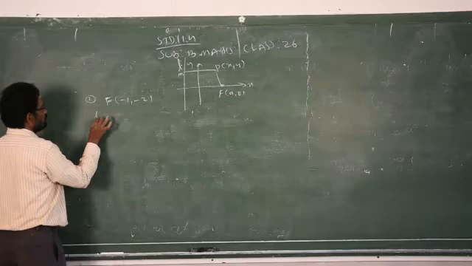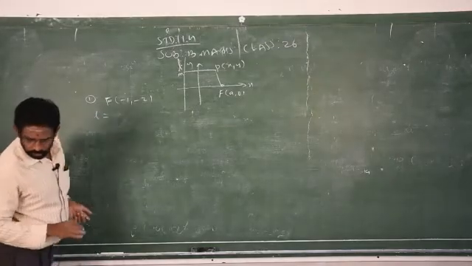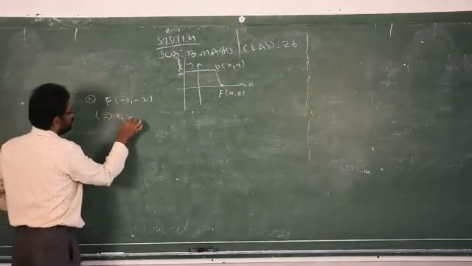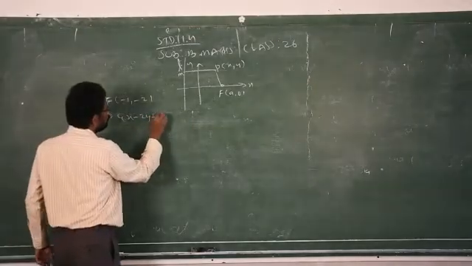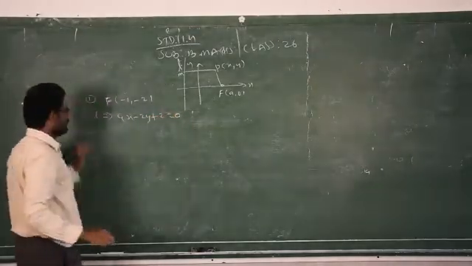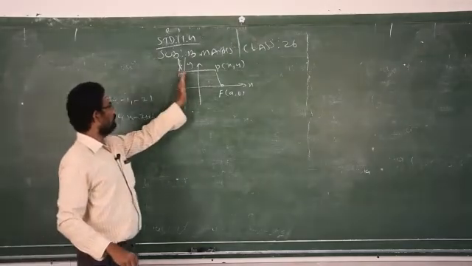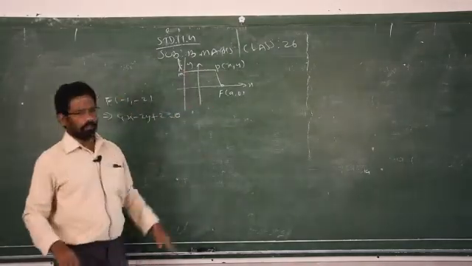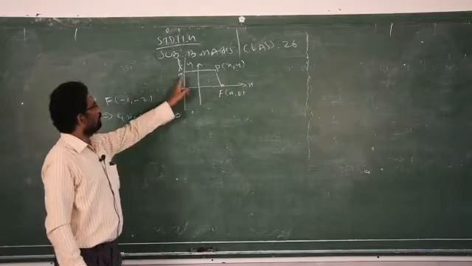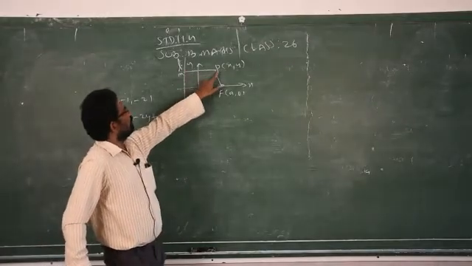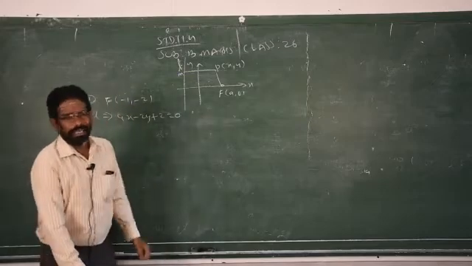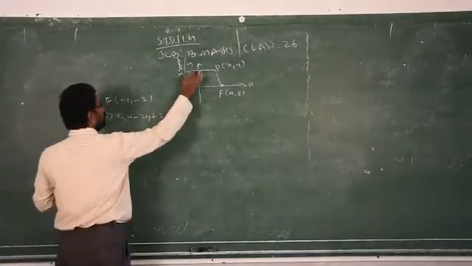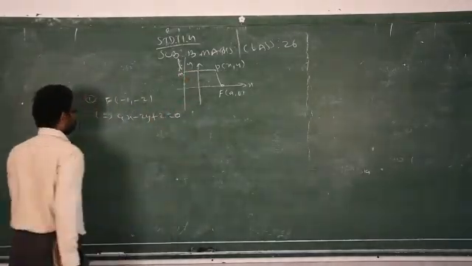The directrix L is also given, that is 4x minus 2y plus 2 is equal to 0. This is called a directrix. A directrix means a line drawn from the point P perpendicular to the particular line, that is, both are perpendicular to each other.